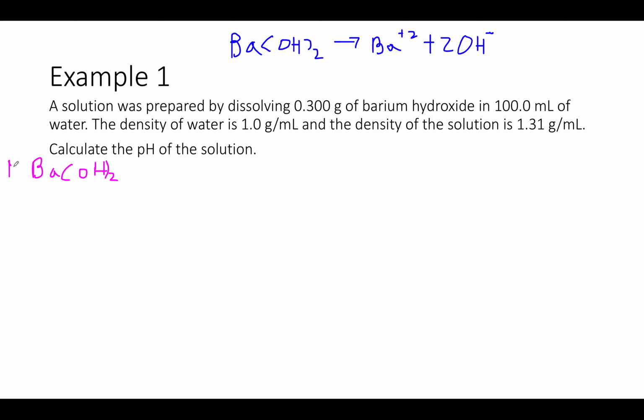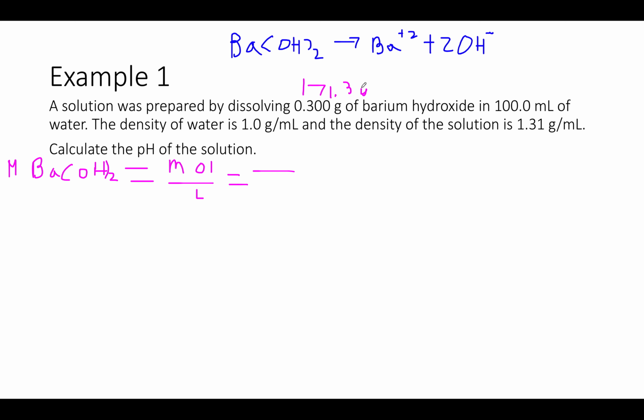We're going to calculate the molarity of barium hydroxide, and molarity is moles over liters. To find the moles of barium hydroxide, I would divide the grams by the molar mass. The molar mass of barium hydroxide is 171.3 grams, sorry, quick math there.